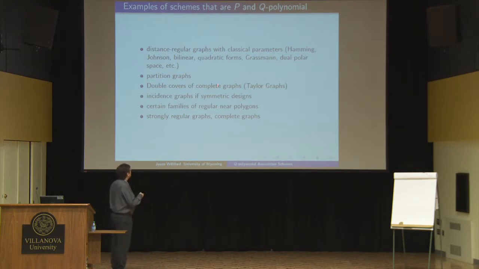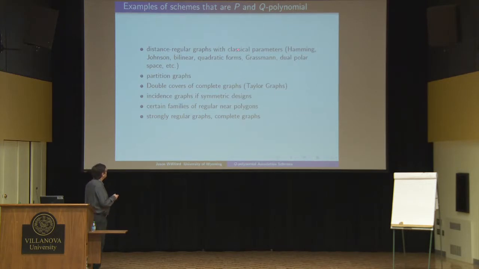So first of all, these graphs with so-called classical parameters. There's a theorem of Leonard that says all Q polynomial distance regular graphs can be determined from 5, well, their parameters follow from 5 parameters.